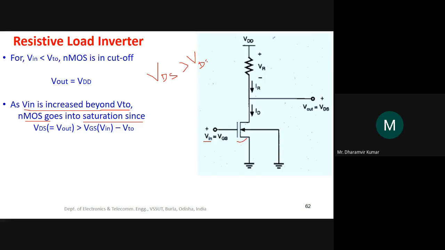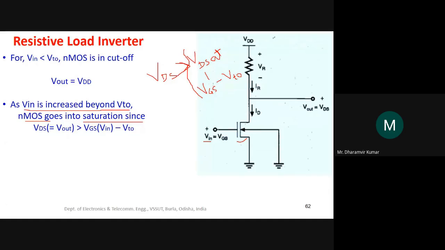You remember, VDS should be greater than VDsat, and what was VDsat? VDsat was nothing but VGS minus VT, the threshold voltage VT naught. So when VDS becomes greater than this VGS minus VT naught, we say that the device is in saturation.